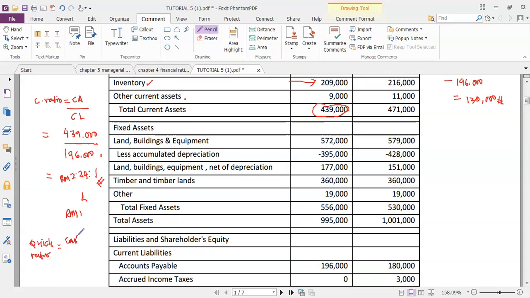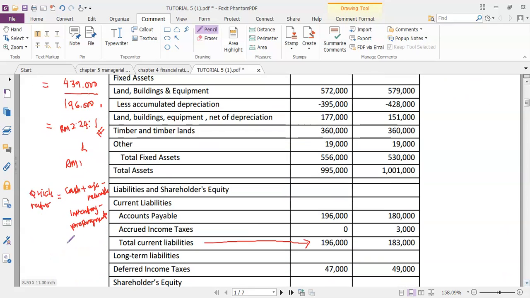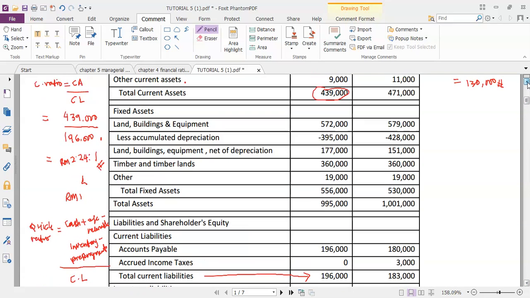Quick ratio is equal to cash plus account receivable minus inventory minus prepayment, if there is any prepayment in the balance sheet. If not, we just put zero there. Divided by the current liability. So let's use this formula.